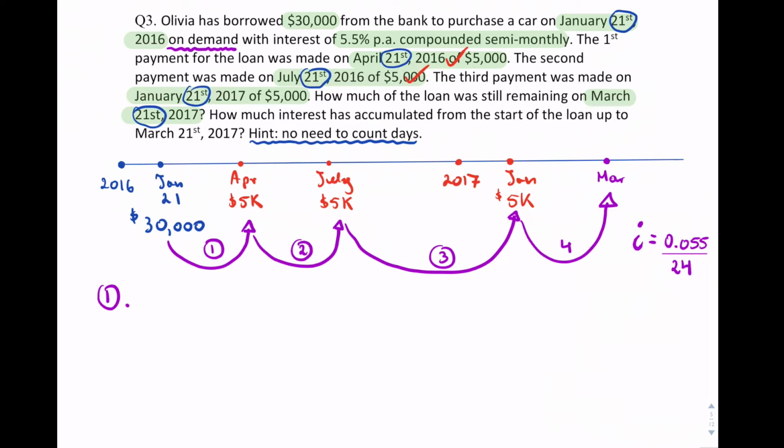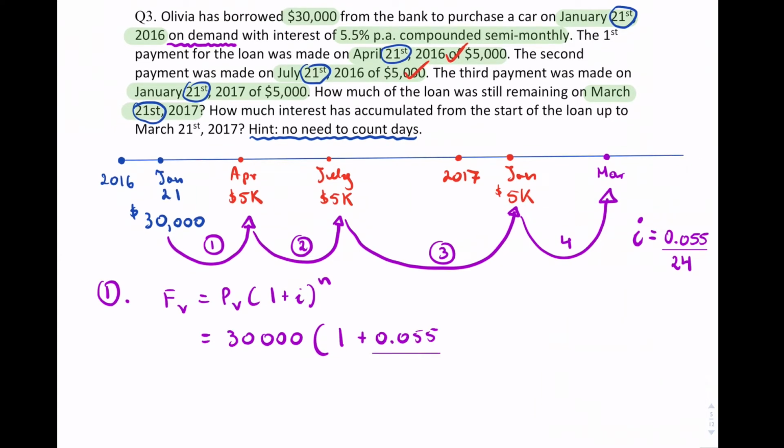Our formula: future value equals present value times (1 plus I) to the n. So we have 30,000 times (1 plus 0.055 divided by 24).